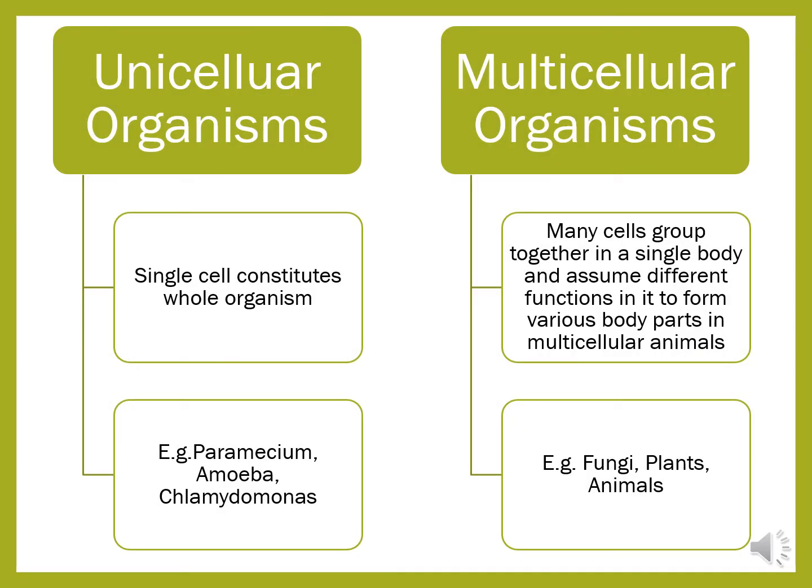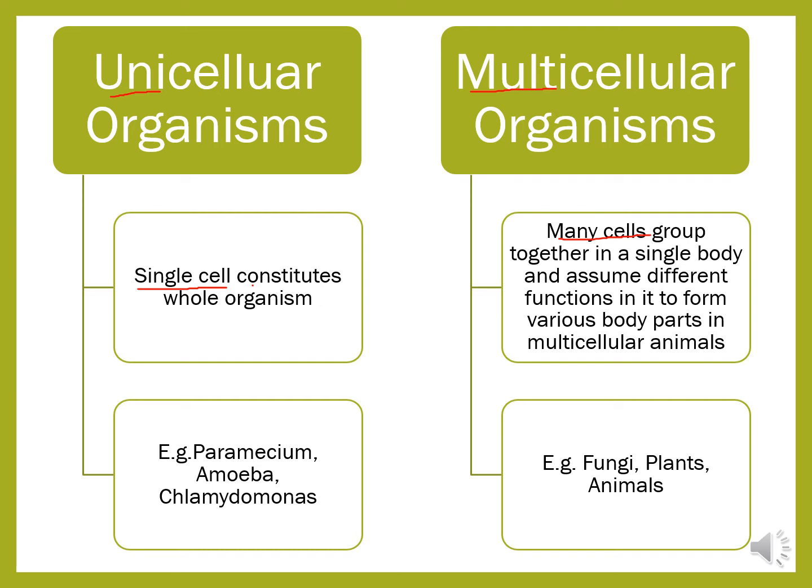Organisms are of two types. One, unicellular organism, and other, multicellular organism. As the name suggests, here a single cell constitutes the whole organism, and here many cells group together in a single body, and they assume different functions in it to form various body parts in multicellular animals.